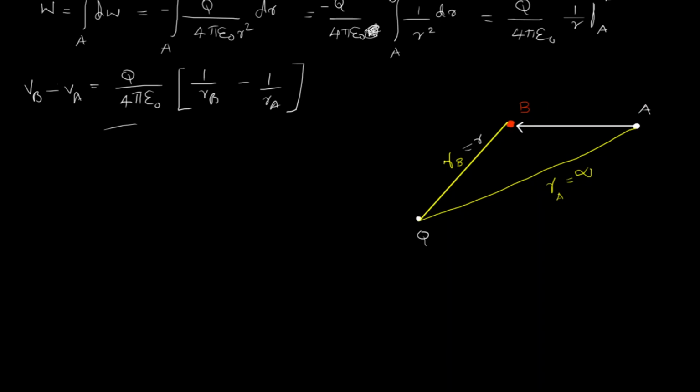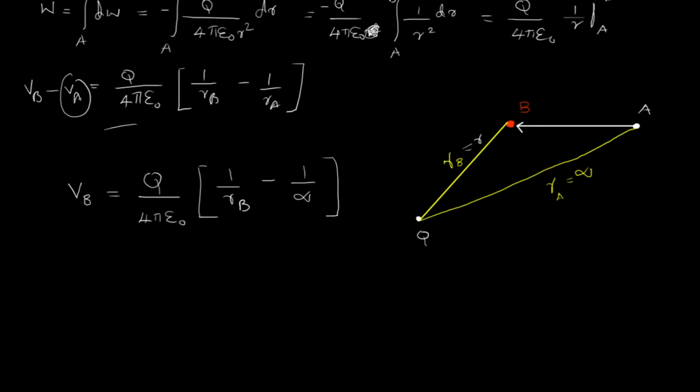In this equation, the potential VA at infinity is not calculated. We usually take potential at infinity to be 0. So VA becomes 0. So I have only VB now. This equation becomes VB is Q by 4 pi epsilon naught times 1 by RB minus 1 by infinity, because RA is infinity. So 1 by infinity can be approximated as 0.